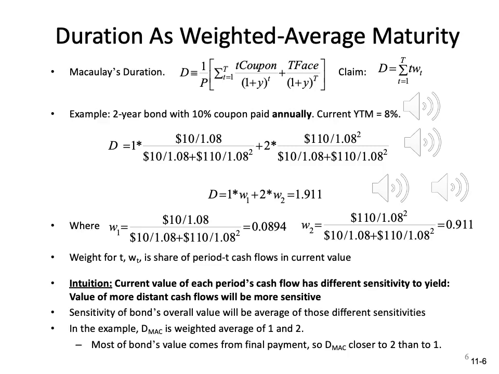So the Macaulay duration is always going to be closer to the time to maturity. In this case, it's closer to 2 than to 1, because in the second year, you have the face value payback. If we have a 4-year coupon bond, then the Macaulay duration number is going to be very close to 4, because in year 4, you will receive most of the payment. So year 4 will have the highest weight.